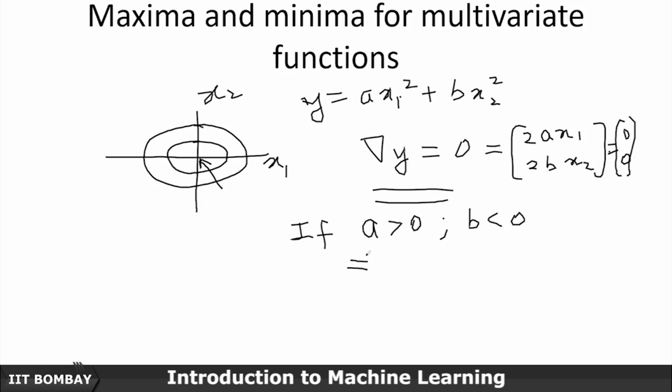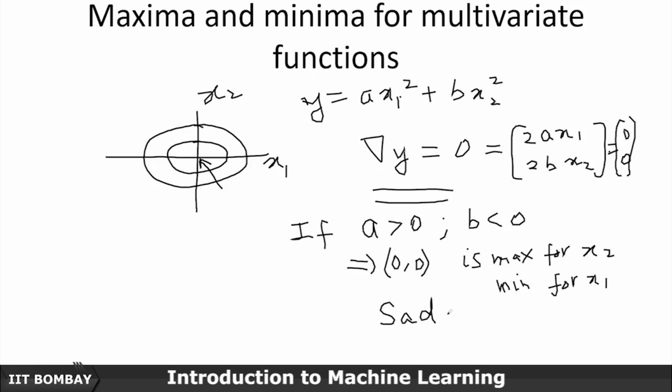So, this implies the origin is a maxima for x2 direction and minima for x1 direction. Okay. So, this is called a saddle point.